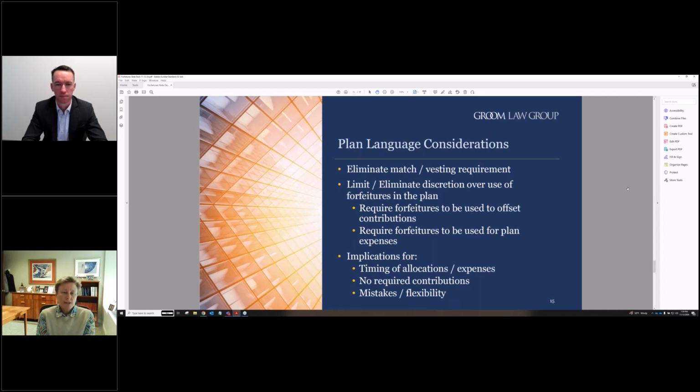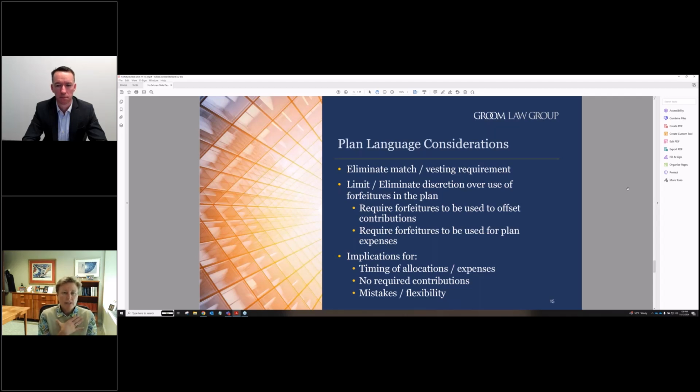Again, some of the cases that have been decided, at least on motion to dismiss, have really focused on the plan language. If the plan language says forfeitures must be used to offset employer contributions, that is a pretty strong statement.